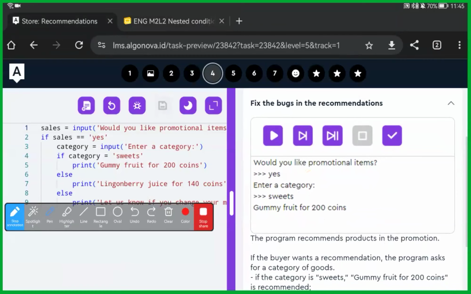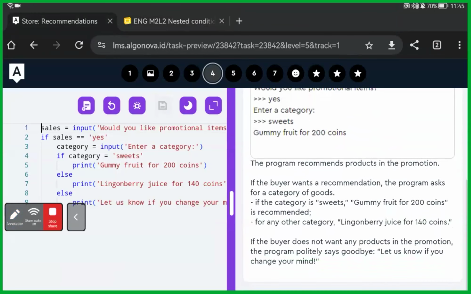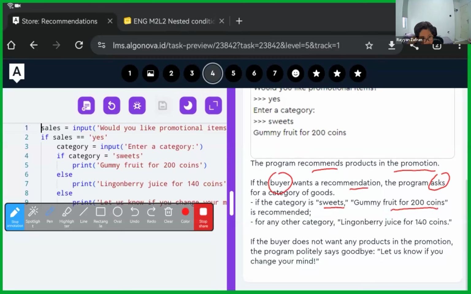Okay. Let's learn about the requirements in here. The program recommends products in the promotion. If the buyer wants a recommendation, the program asks for the category. If the category is sweet, you have to print this. You got it? Yeah.